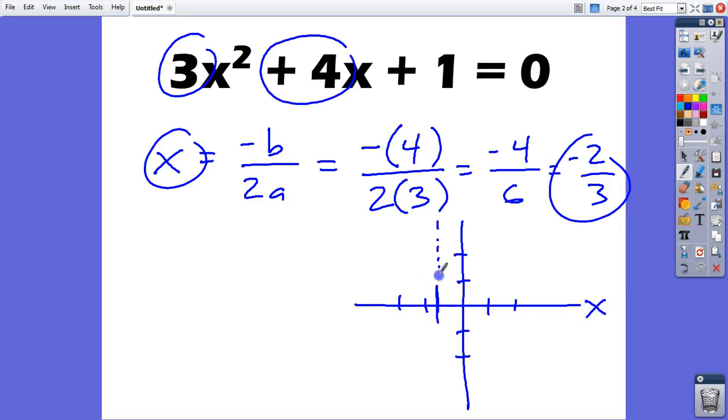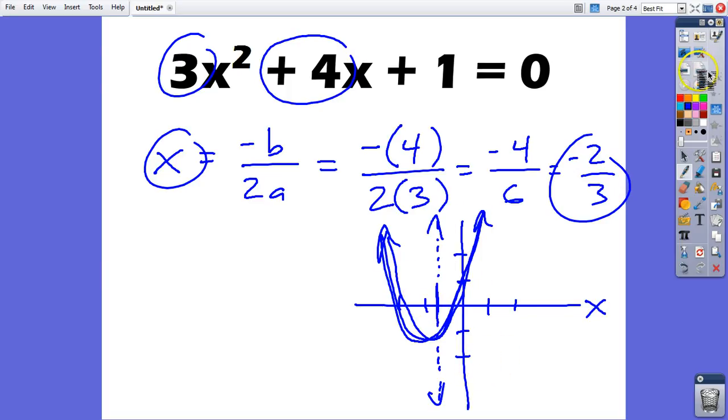And I would put a dotted or dashed line here to show that my parabola is going to be centered around this line. So I'd probably get some kind of picture that looks like this. Oops, it's not quite centered, a little bit sloppy, but you can see how this is supposed to be with the parabola where the left side is the mirror image of the right side. I just can't draw it very well on this tablet.